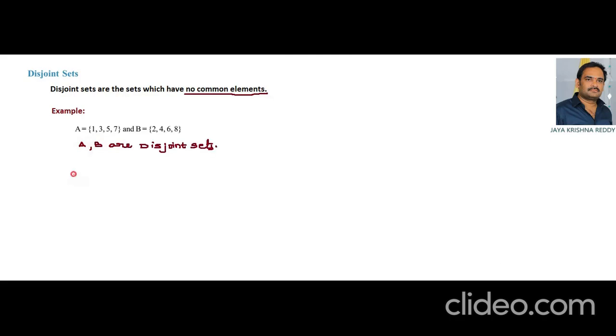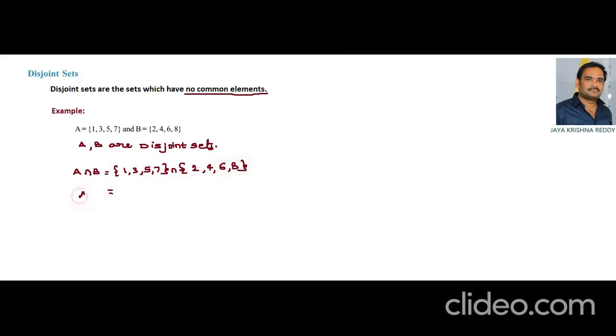If we find A intersection B for these two sets, what we will get? So let us try to find it. Set A means elements 1, 3, 5, 7 intersection set B means 2, 4, 6, 8.